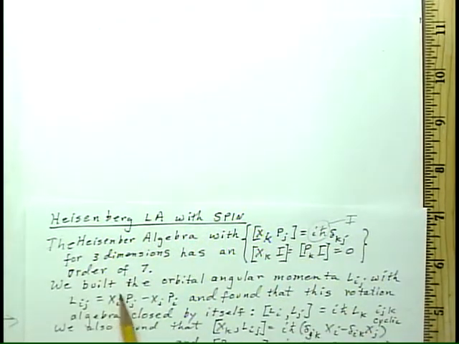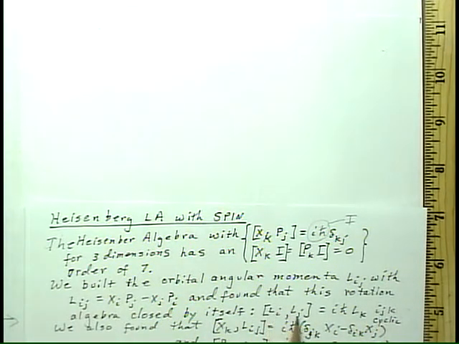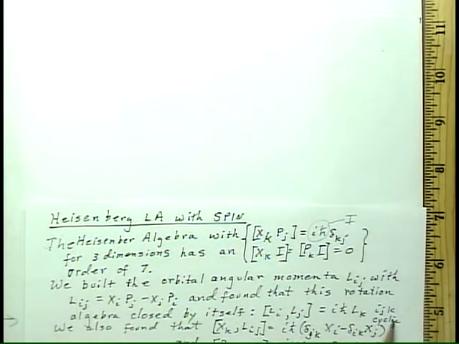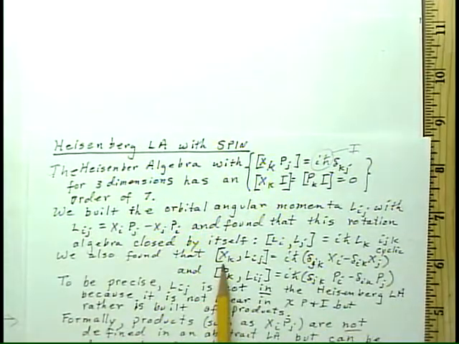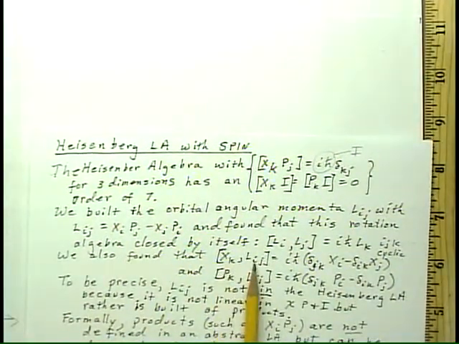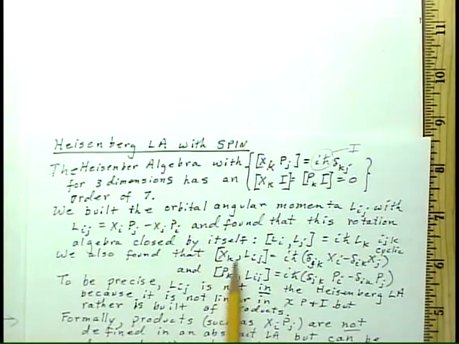We then proceeded to build the orbital angular momenta, Lij, in this form here, and found that this rotation algebra closed by itself, namely [Li, Lj] is iħ times Lk, with i, j and k cyclic. We also found that the commutation rules between the L's and the X's and the P's were given by this form right here, which in fact defined all vectors.